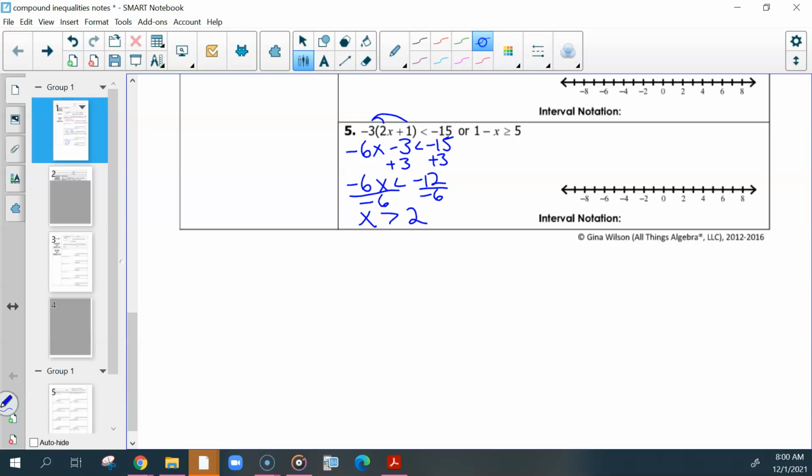And then you could solve the other one. Subtract 1 on both sides. And divide both sides by -1. The sign is going to change directions because we're dividing by a negative.